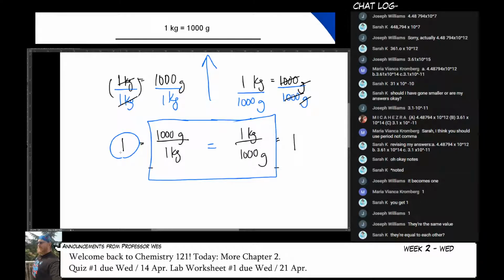So if I multiply something by 1, it retains its value. All I would do by multiplying these conversion factors is to change the units that are present. So when I do a conversion from like kilograms to grams, I am finding the same value, but in a different unit. And I can do that because I'm just multiplying by 1 over and over and over again.